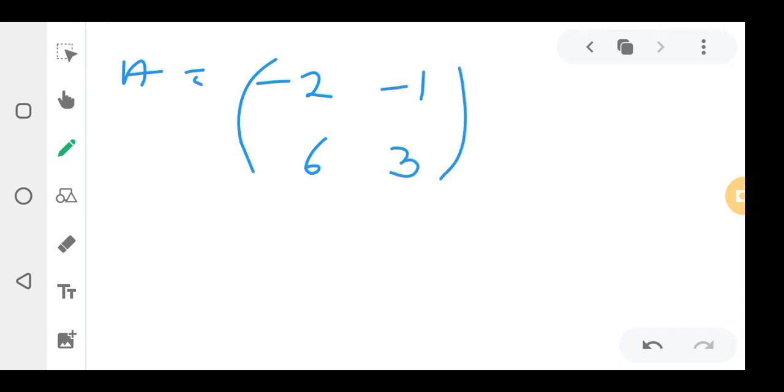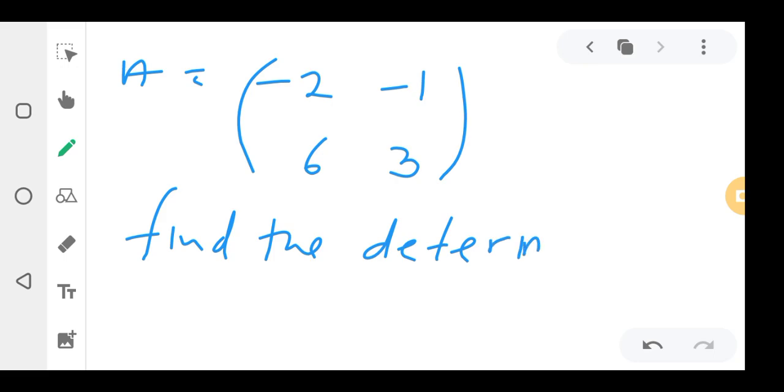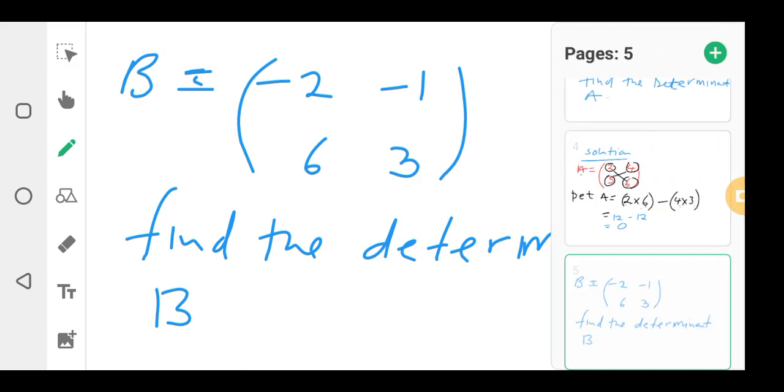And then they say, find the determinant of B. Okay, we use B here instead of A. We used A already, so this is matrix B. Matrix B is equal to that. Find the determinant of B. So you say determinant of B is going to be equal to, of course, first you list the matrix.